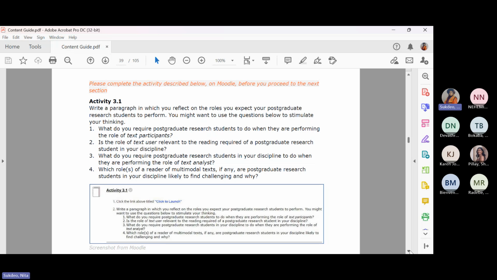So the question for activity 3.1: write a short paragraph, 80 to 100 words, in response to any 3 of the 4 questions, based on the roles of the reader of text or print and of multimodal text.